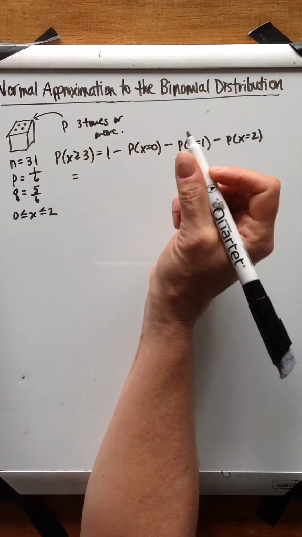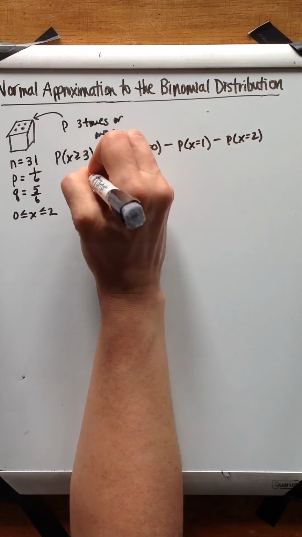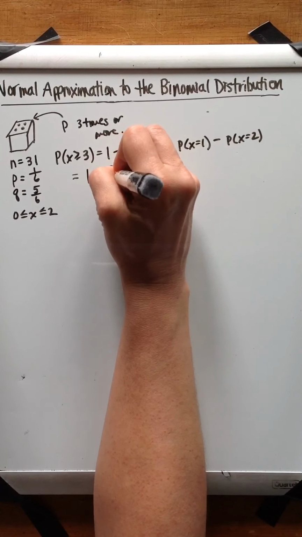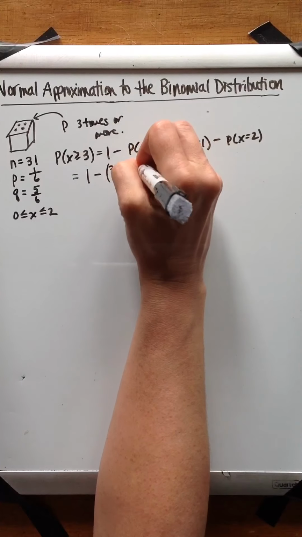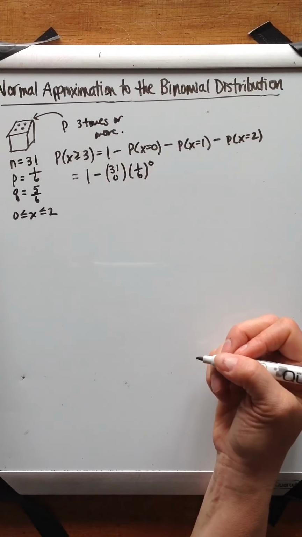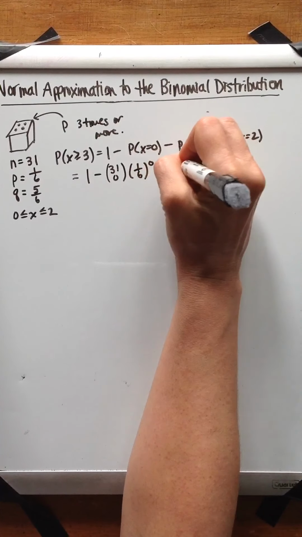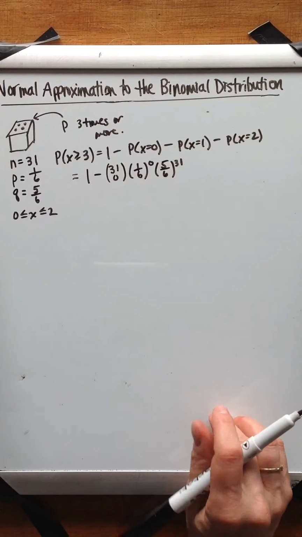So the probability for a binomial distribution is equal to the number of trials, 31, choose x. So let's let x be 0 first. And then we would have our probability of success, but there are none of them in this particular scenario. And it means, of course, that all 31 of our rolls were unsuccessful in getting a 4.